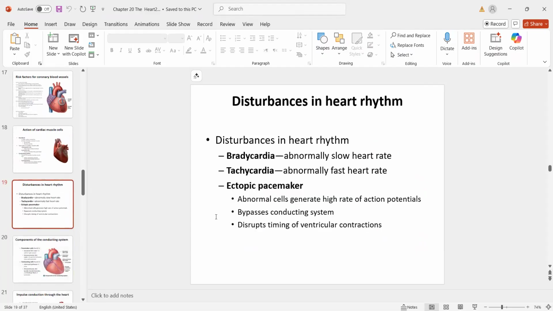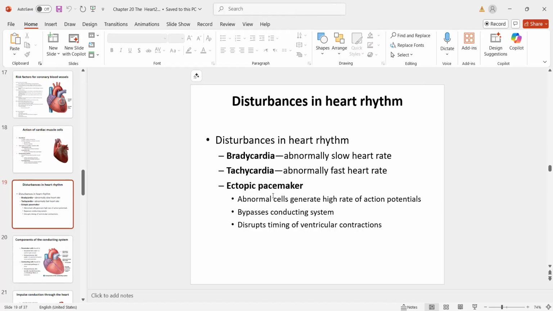Many clinical problems result from abnormal pacemaker function. Bradycardia is a condition in which the heartbeat is slower than normal, and tachycardia is a faster than normal heart rate.